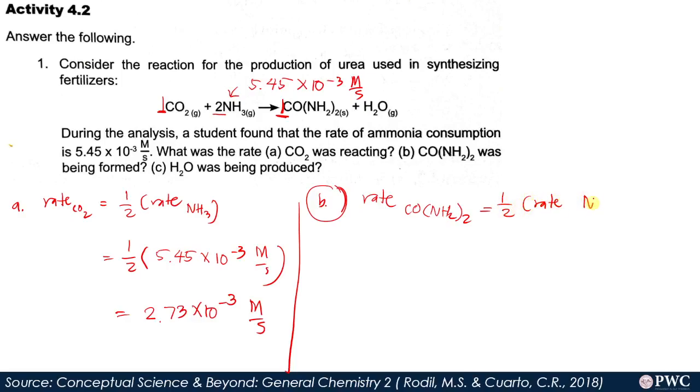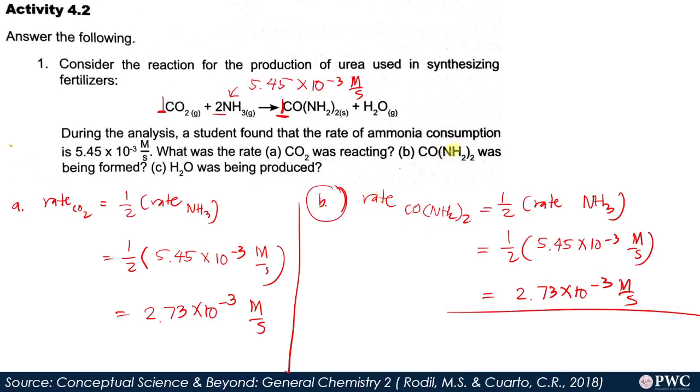And this is the same with CO2, right? So it's still 1/2. So I guess we know the answer already. So 1/2, again, the rate of NH3 is 5.45 times 10 to the power of -3 molar per second, is equal to 2.73 times 10 to the power of -3 molar per second. That's the rate of this compound being produced by this reaction.